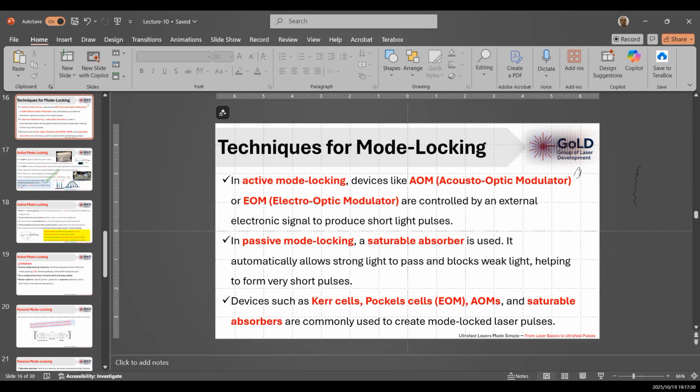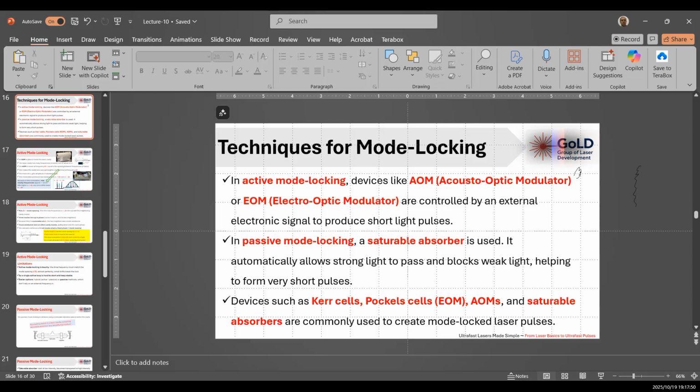Who is there? Arusa Hadi. Arusa, yes. Sir, I have a question about cavity length. What is the role of cavity length in determining the mode spacing?